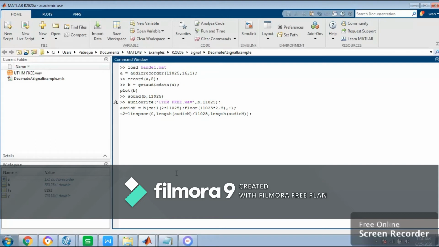This is the time signal of audio M. So first we zoom.